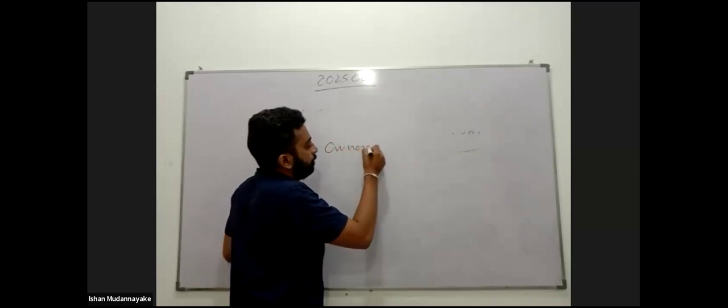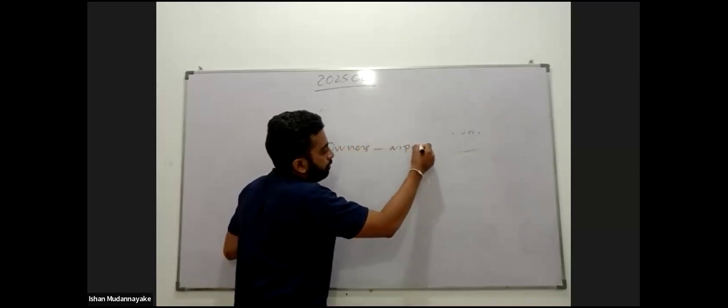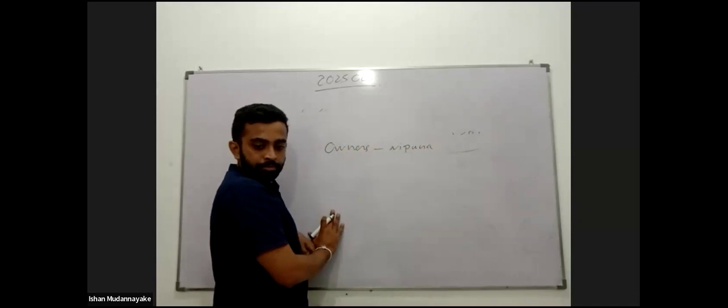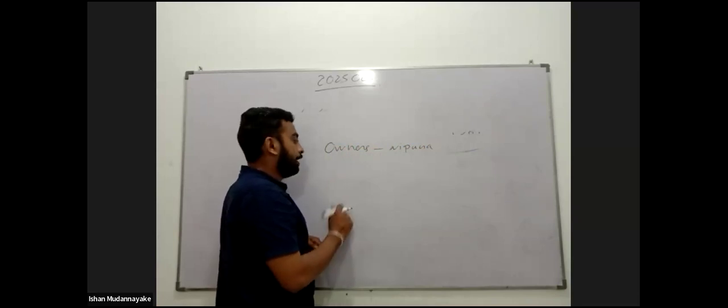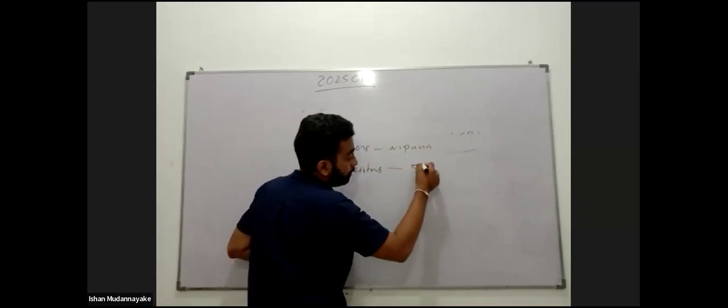Owner, Nipuna. A perfect answer. One of the interested parties is the owner, for example Nipuna. Another one, competitors, for example Singer PLC.